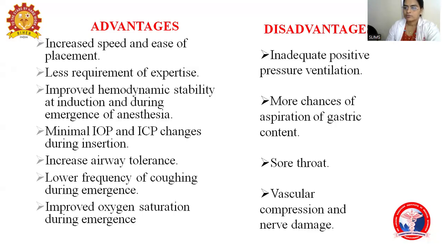So you have to know about each and everything, their structure and their modifications, how they have been modified and what their uses are, what the advantages and disadvantages are, why there is a transformation from first generation to third generation, and what the advantages are over first generation in third generation supraglottic airway devices.